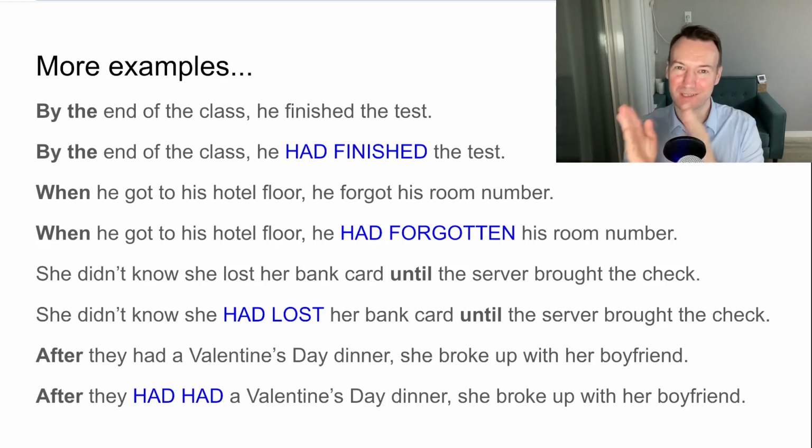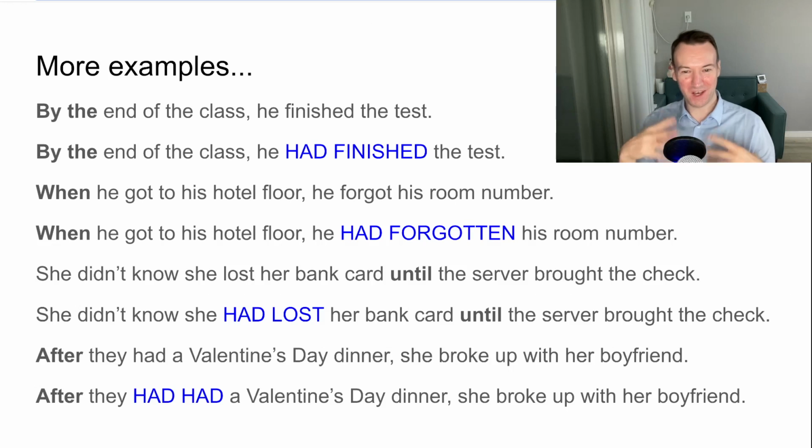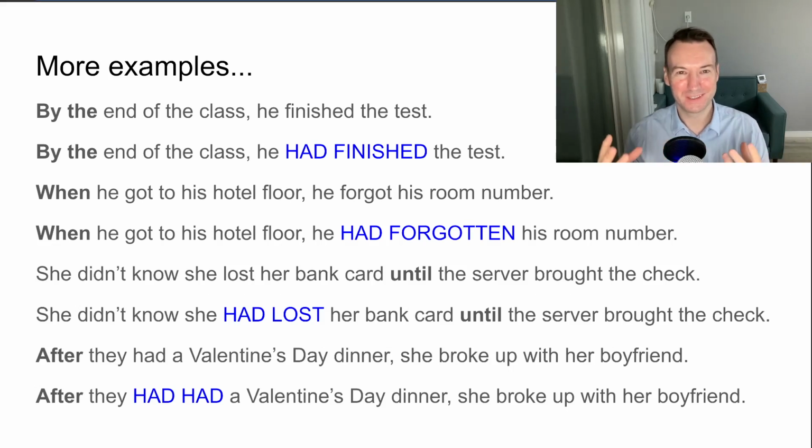We're not using exactly the same pronunciation twice. Okay, that's one reason it sounds strange. A lot of people try to avoid using that second had because it sounds wrong, repeating the same word, but it is totally correct.